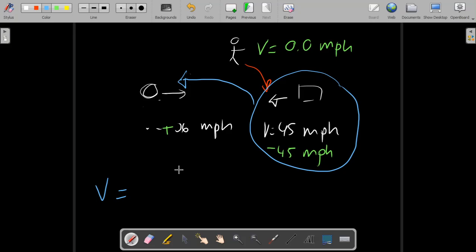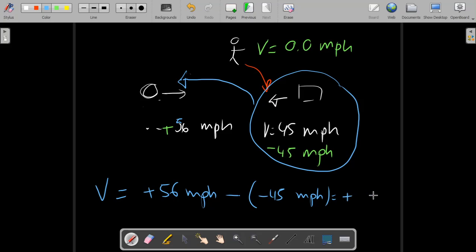So who is moving now? Our car. And if you remember, that was a positive 56. I know that right now it disappeared, but it was 56 miles per hour. And you need to take away the velocity of the observer. So minus 45 becomes positive. So what happens here?